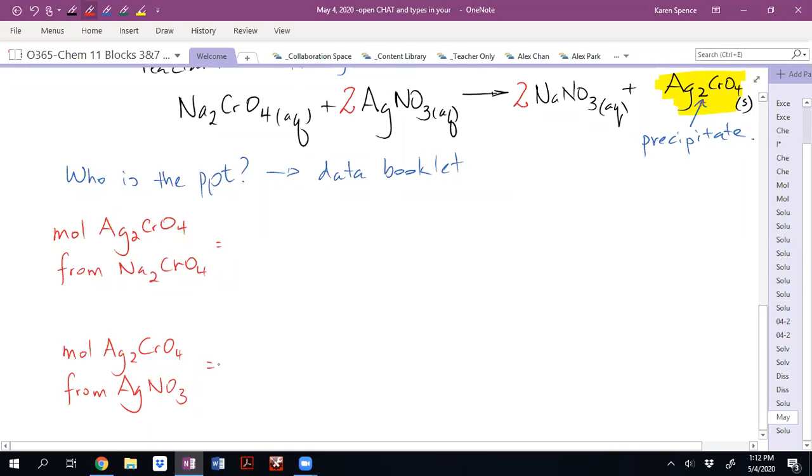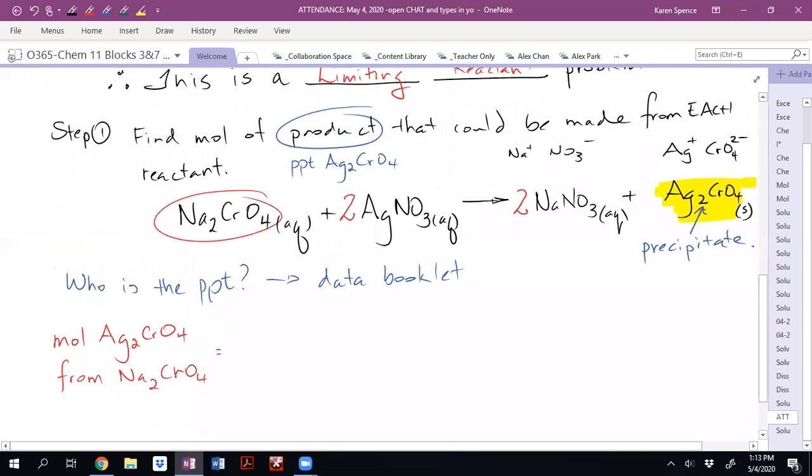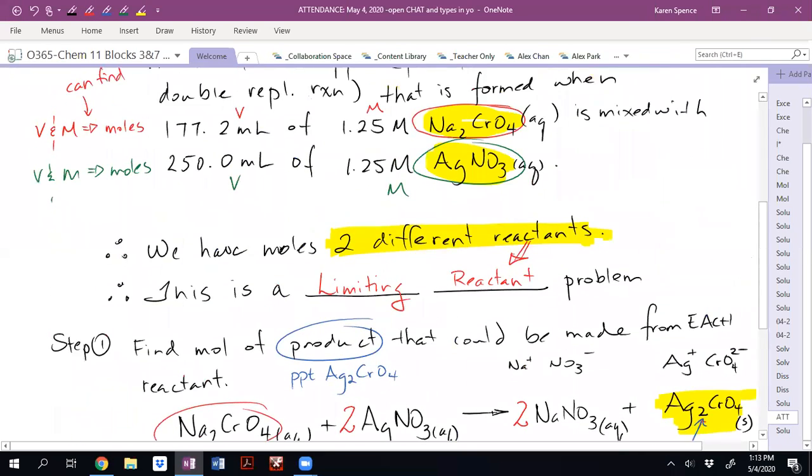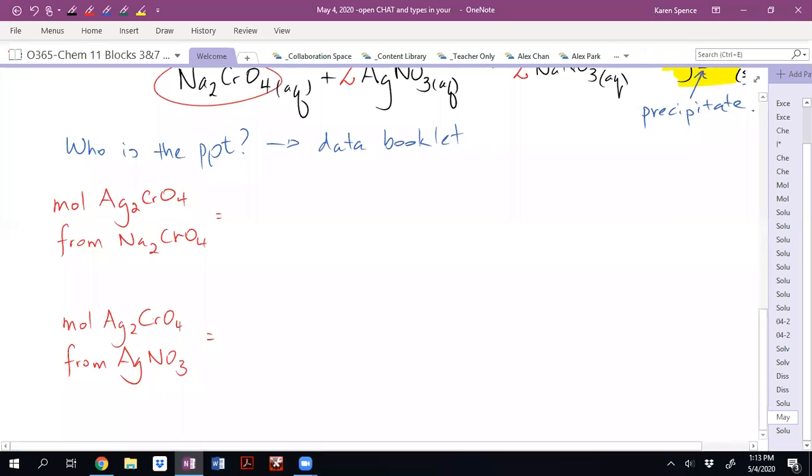Okay, so sodium chromate. Let's go see what we know about our sodium chromate. We know that we have 177.2 milliliters of 1.25 molar. So we have 177.2 milliliters.